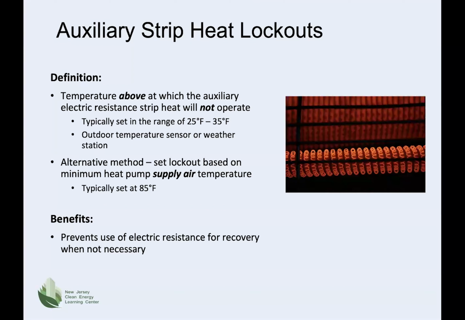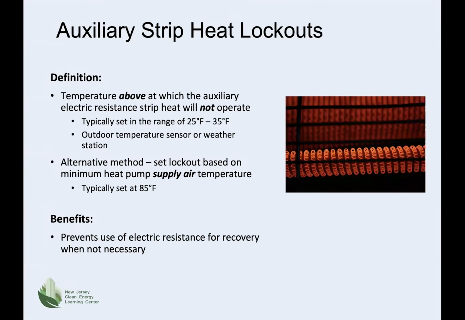It can be locked out based on the outside air temperature, where an outside air temperature sensor is obviously required, when the outside air is typically above a range of, say, 25 to 35 degrees Fahrenheit. Another method used to lock out the resistance heat strip is by sensing the supply air temperature of the heat pump and locking out when the supply air temperature reaches a set point of about 85 degrees Fahrenheit.